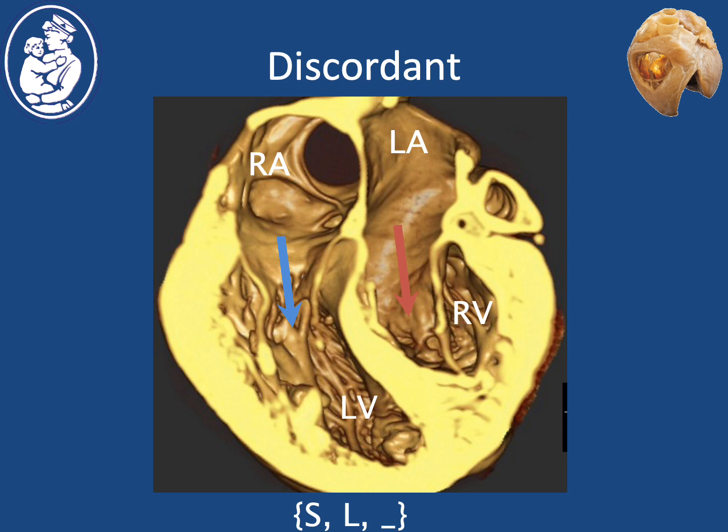All of these are markers for a morphologically right ventricle. So in this case, we have solitus atria, but L-looped ventricles. So there is atrioventricular situs discordance as well as alignment discordance, and this is usually the case.